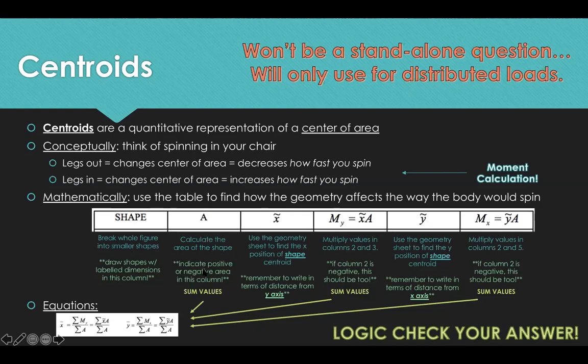It won't happen like this probably on the exam because it's for distributed loads, but if for some reason they gave you a centroids question, which I have never seen or heard of before, you can use the area column to indicate whether it's something cut out of a shape or an added piece of the shape. But if it's for a distributed loads calculation, these will both be positive. Every value in A will be positive. And then at the end, you're going to sum all of the values in this column.